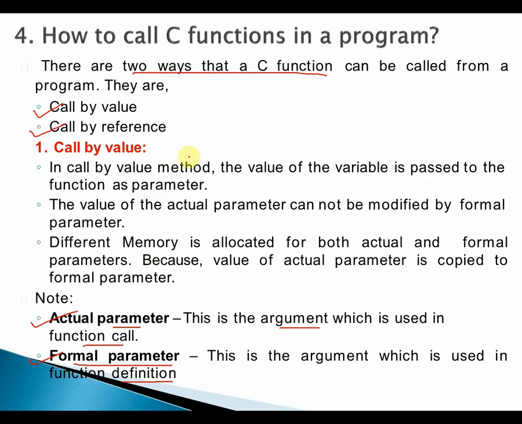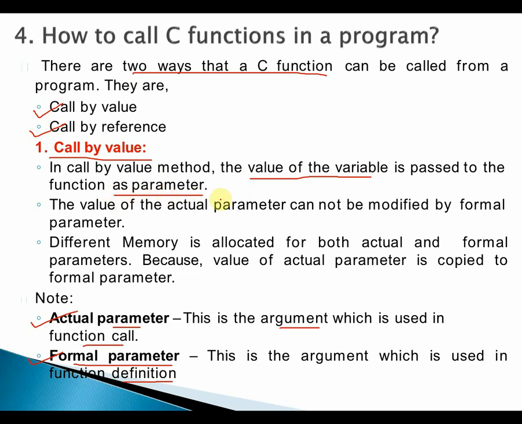Now you have to remember three things, the most important things. We will see this with an example so that you understand better. Method one is call by value. Whenever we say call by value, the value of the variable is passed to the function as parameter.